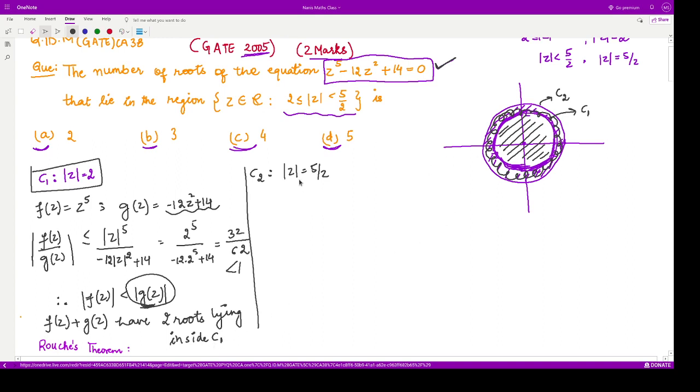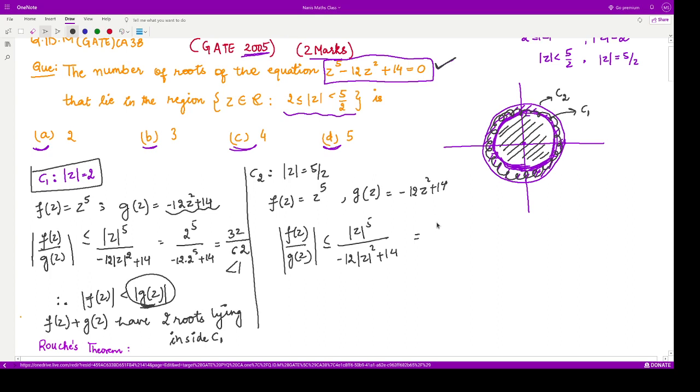Now let us check the number of roots that lie inside C2. For that, we again assume f of z to be z to the power 5 and g of z to be minus 12 z square plus 14, right? When you calculate the modulus of f of z divided by g of z and substitute their values, so when you solve this thing, you would have 3125 divided by 2848.